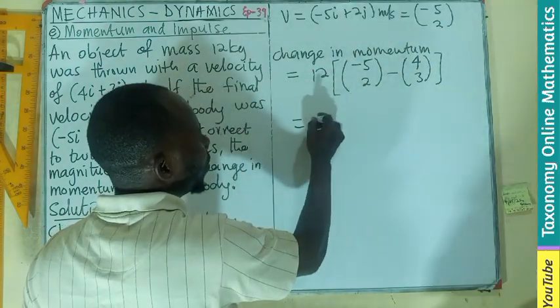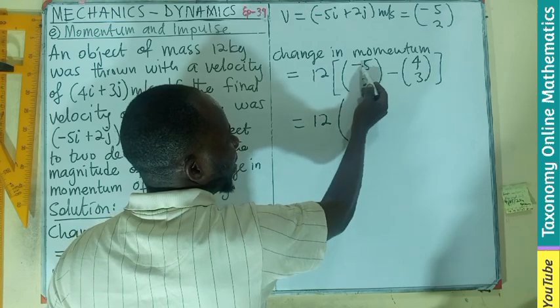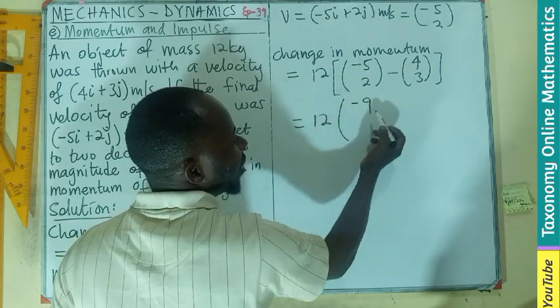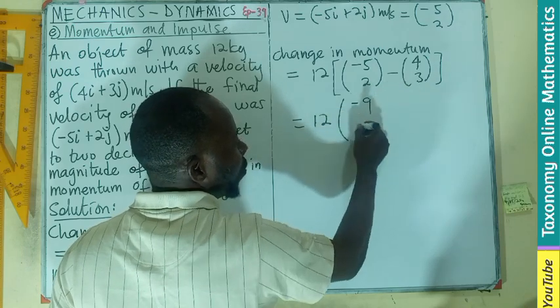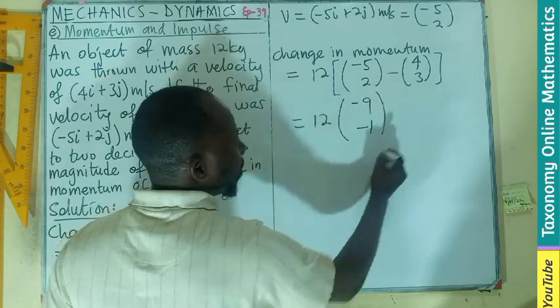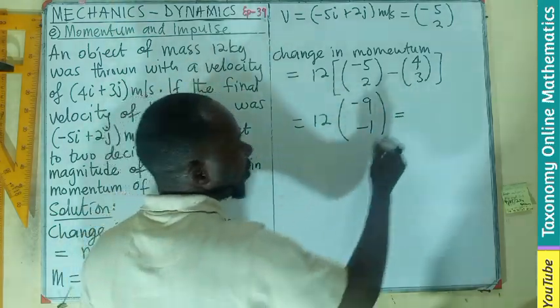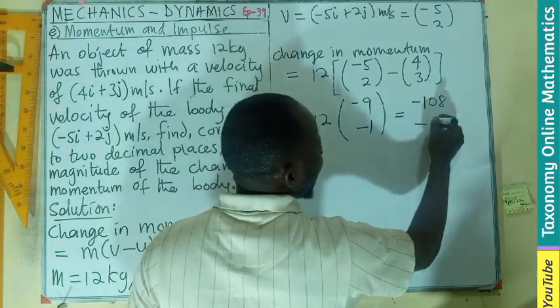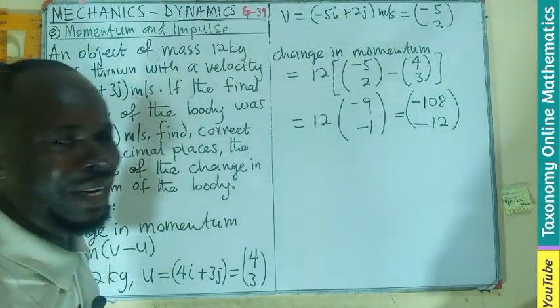So this still becomes 12 multiplied by negative 5 minus 4, which gives negative 9, and 2 minus 3, which gives negative 1. If we multiply, that will be negative 108, then negative 12.